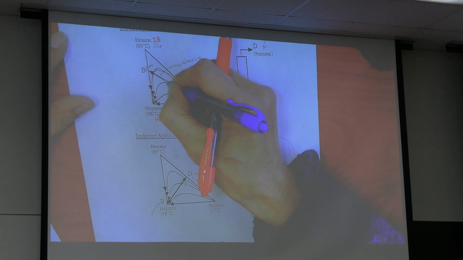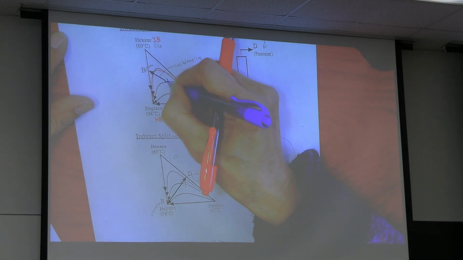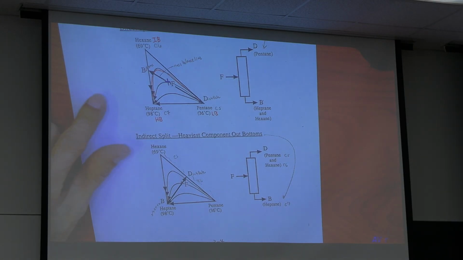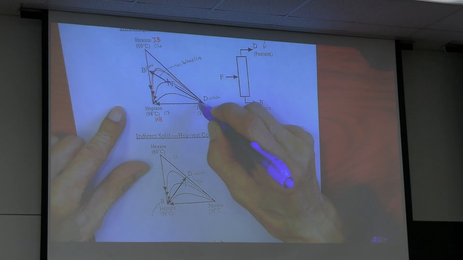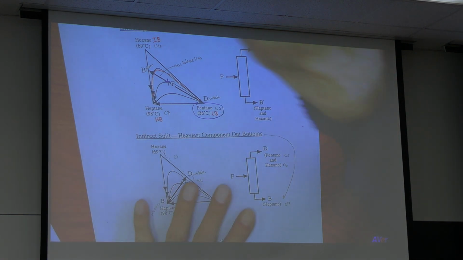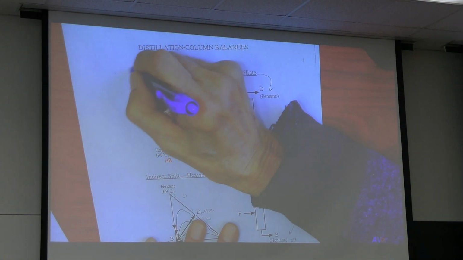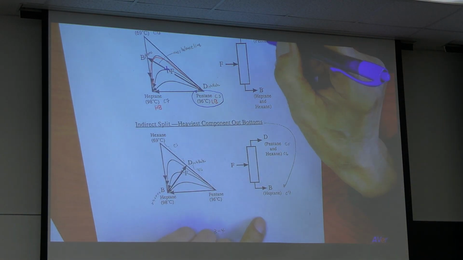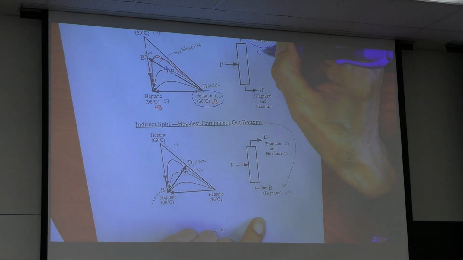Now you will have a feed right here. You want to take out low boiling component first. We call this direct split. Carbon 5.